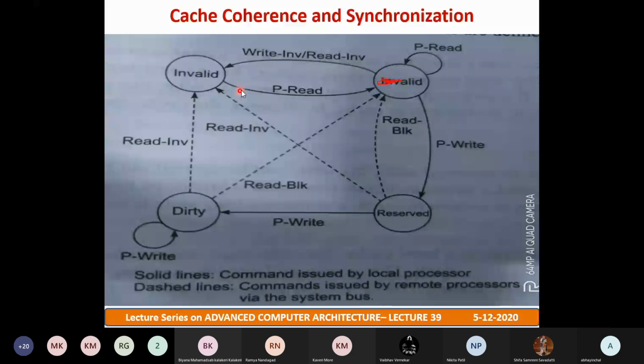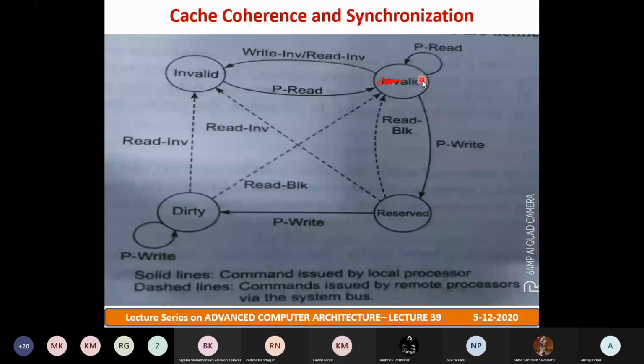When it is in valid state and it reads, it stays in valid state. When read-invalidate or write-invalidate is executed, it moves from valid to invalid. When it writes, it is going to be in the valid state only.